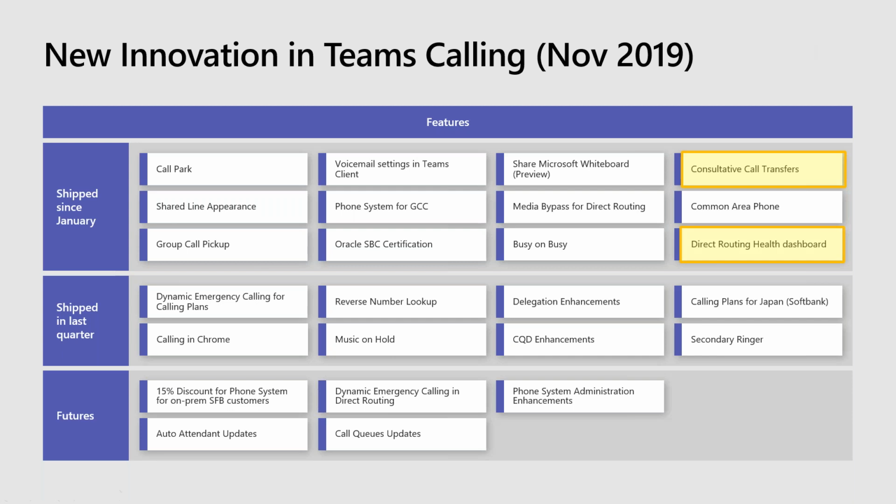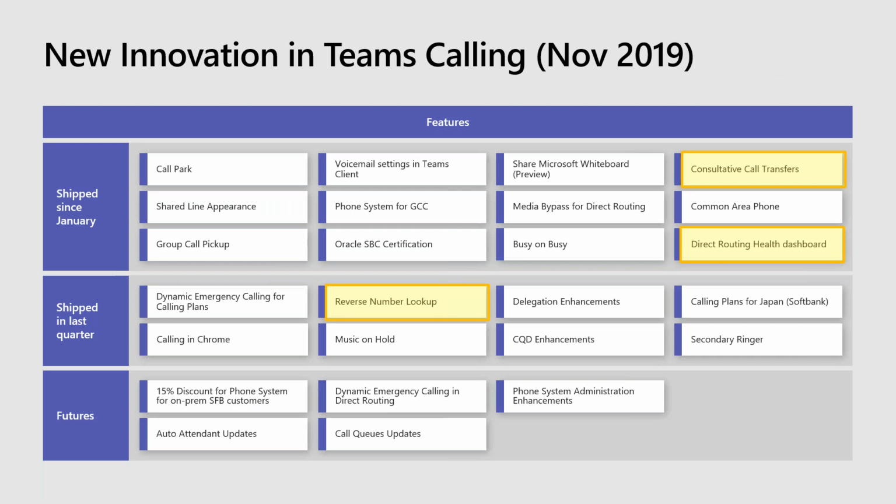Then the direct routing health dashboard, because if you're using direct routing, then you do want to get some insight into how the direct routing solution is doing, right? We want to see some metrics. We want to see, is it healthy? Is it active? Is it alive? So we have a dashboard there.